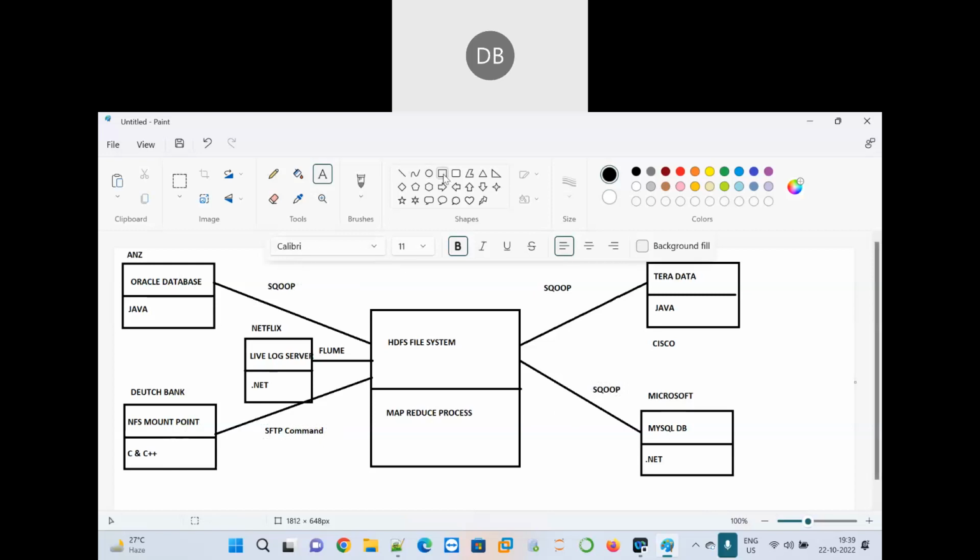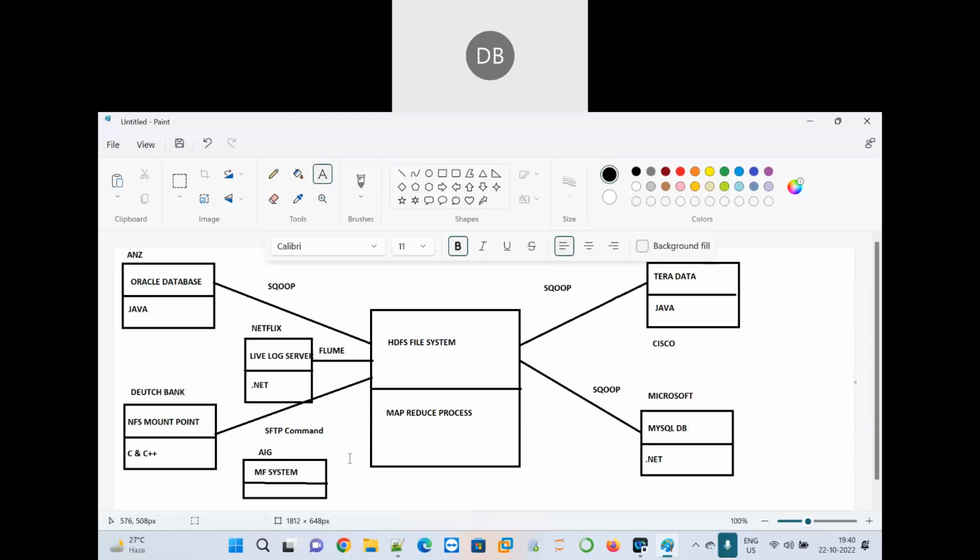Let's say one of the clients, a client name like, let's say, AIG, is using, suppose, a mainframe system.